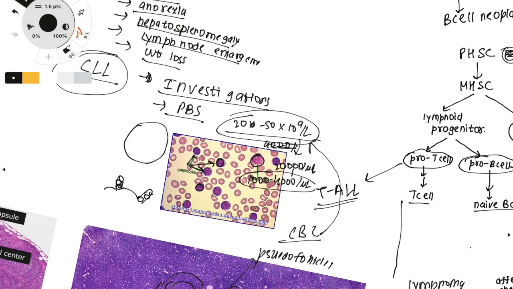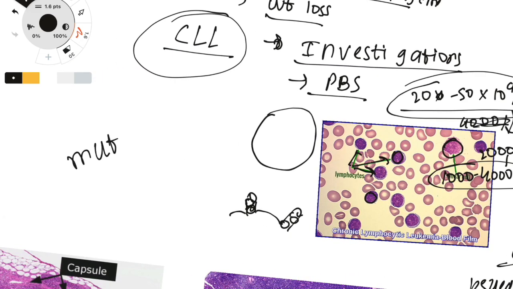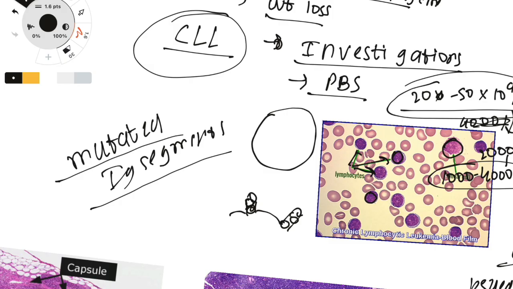Actually what happened, when scientists were finding out the mutations that caused this leukemia, they found mutated Ig segments in some B cells, and sometimes they did not. So they made out that if it is a mutated Ig segment, then it must be a B cell that has undergone development in the germinal center.